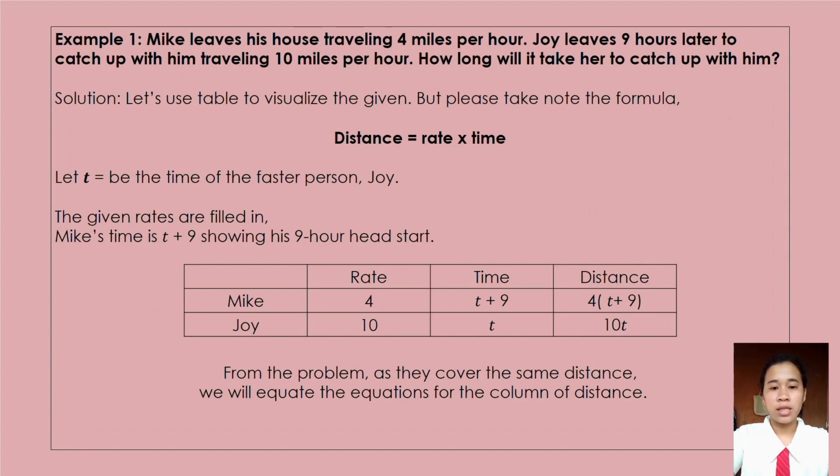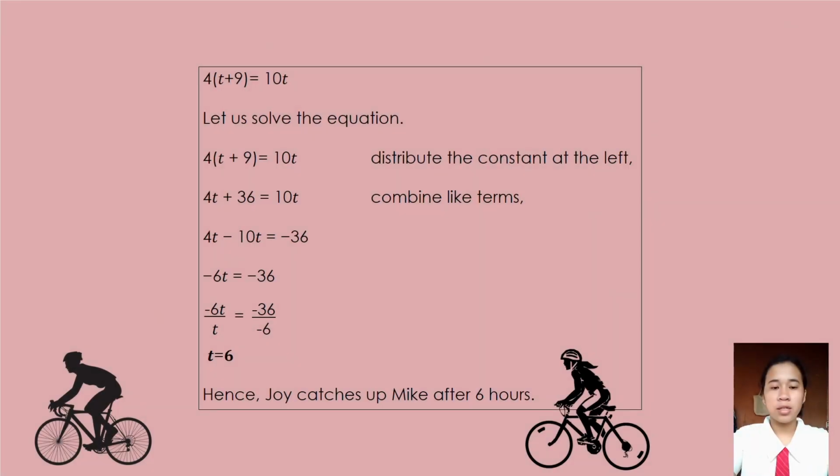While Joy, rate is 10, time is t, distance is 10t. From the problem, as they cover the same distance, we will equate the expressions in the distance column. 4 times t plus 9 equals 10t.